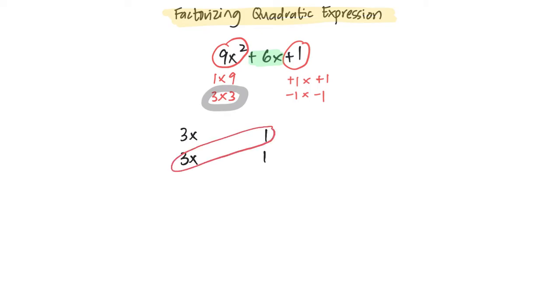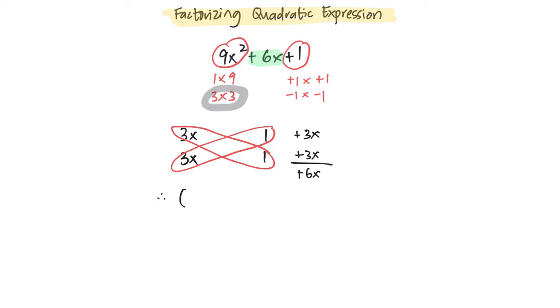It's the butterfly method, and this is how we check them. 3 times 1 is positive 3x. 3x times 1 is positive 3x. If we add both, we get positive 6x. So this pair is right.